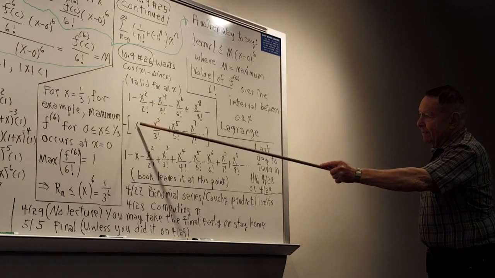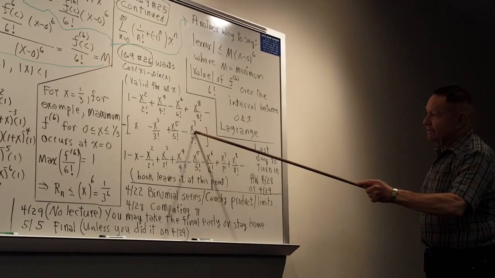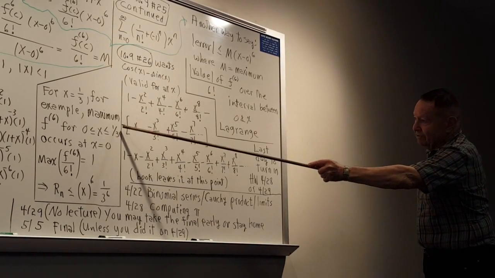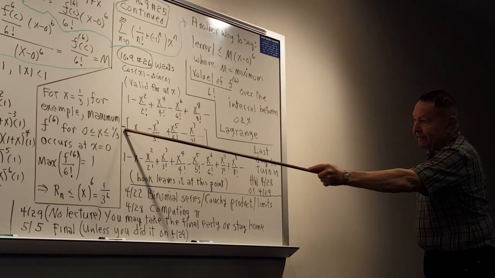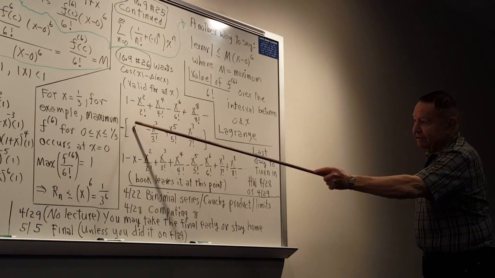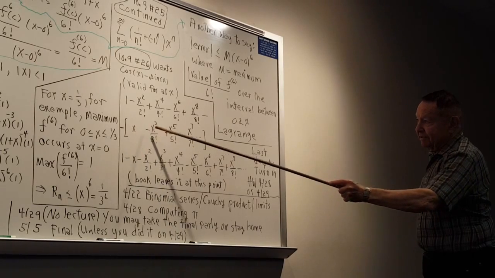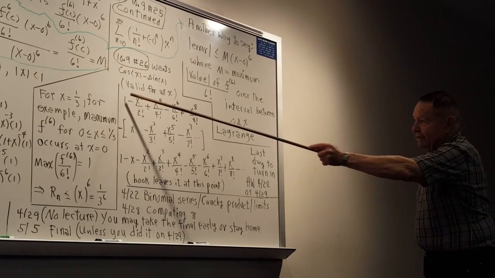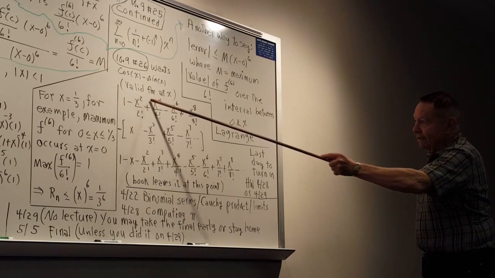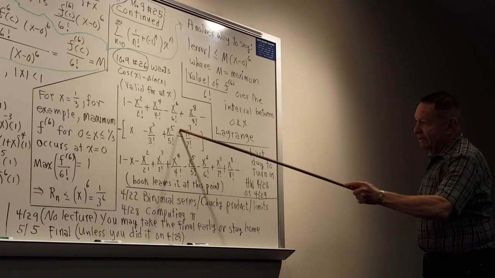And anyway, here is your sine series, and you're going to subtract. So you notice I have a minus sign out in front. So if I bring this in, then I have minus plus minus plus. And then you notice these are even exponents and these are odd.